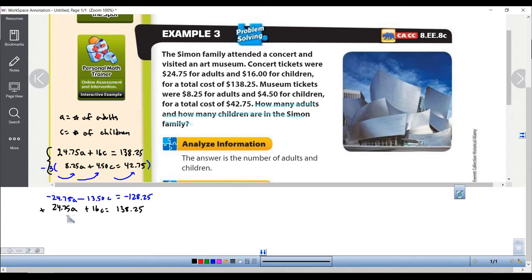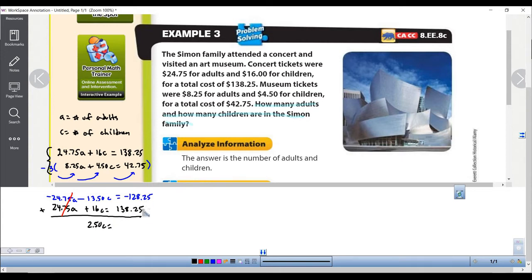Let me go ahead and put a line right here. These two, because they are opposites, will cancel. I have eliminated successfully the A variable. All right, what am I going to get right here? So 16 minus 13 would be 3, right? But 16 minus 1350, that's going to be 2.5.